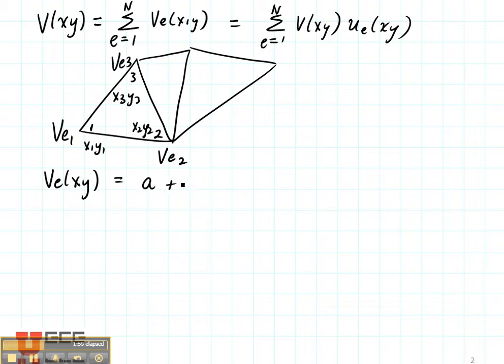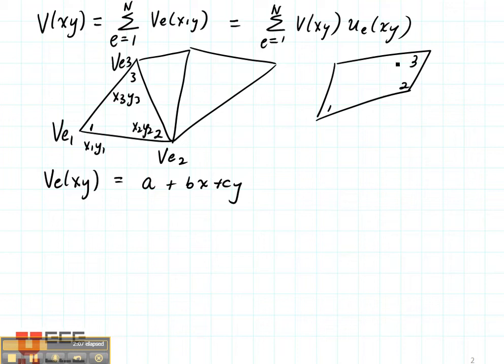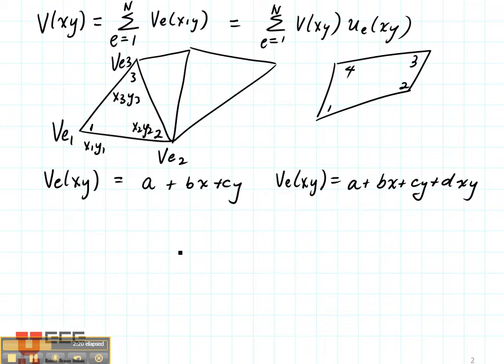So we're going to have a plus bx plus cy. If instead we had some kind of quadrilateral element, 1, 2, 3, and 4, then we would have an elemental voltage which is also linear, and it would take this form, a plus bx plus cy plus d times x times y. And both of these would be 0 outside the element.